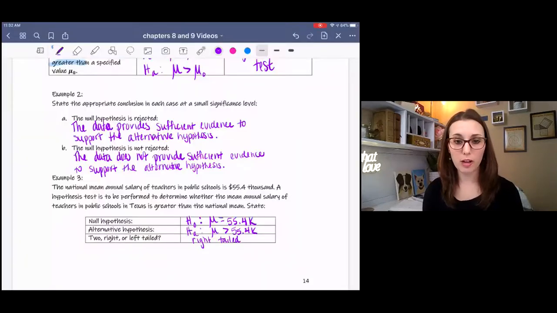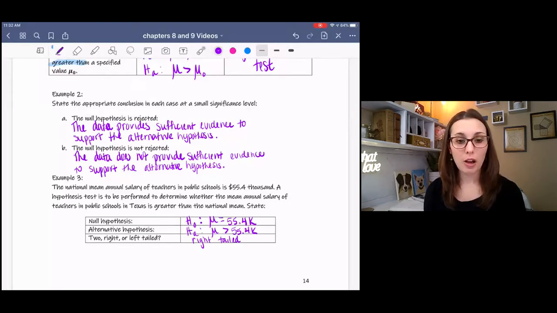All right, so the national mean annual salary of teachers in public schools is $55.4 thousand. A hypothesis test is to be performed to determine whether the mean annual salary of teachers in public schools in Texas is greater than the national mean.